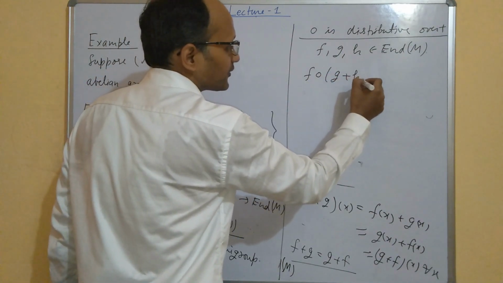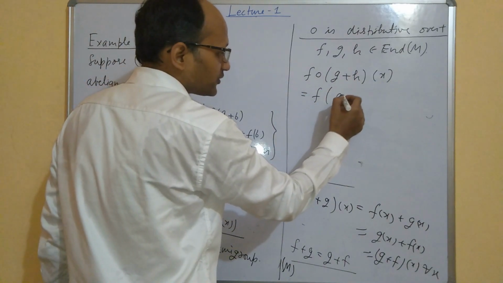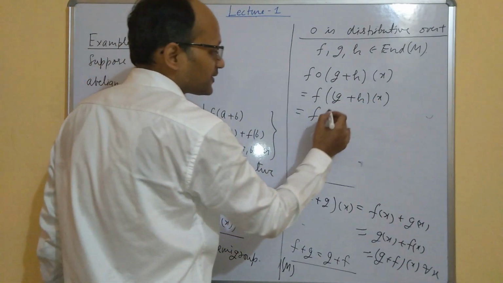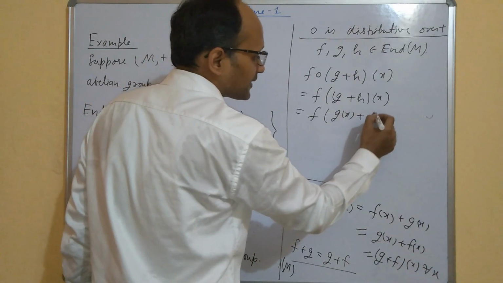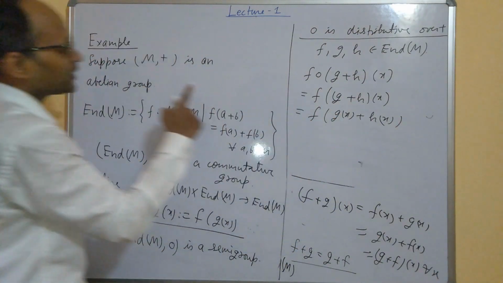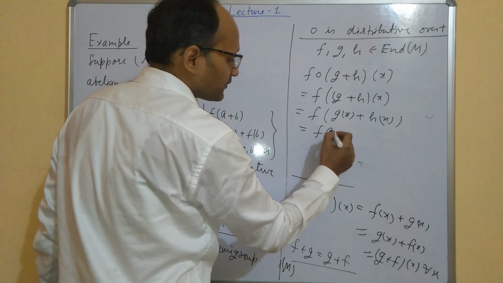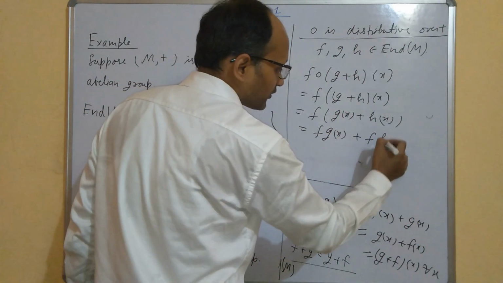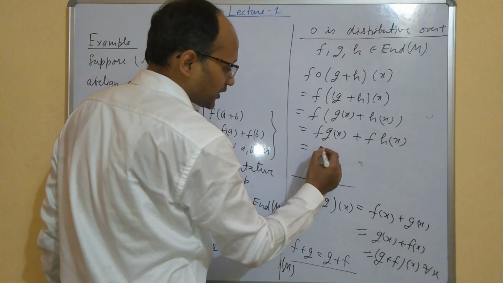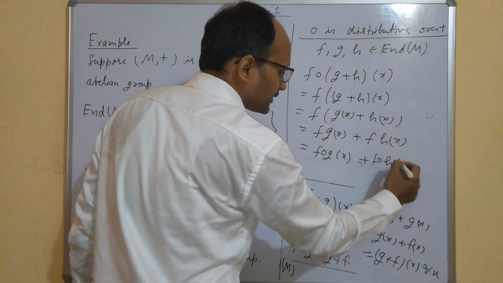Now (f∘(g plus h))(x), what is this? By definition of composition, f is applied on the value of (g plus h)(x), and by definition it is g(x) plus h(x). But f is a homomorphism, and g(x) and h(x) are elements of capital M. So by the property of homomorphism we can write it as f applied on g(x) plus f applied on h(x), and by definition of composition of maps we can write (f∘g)(x) plus (f∘h)(x).